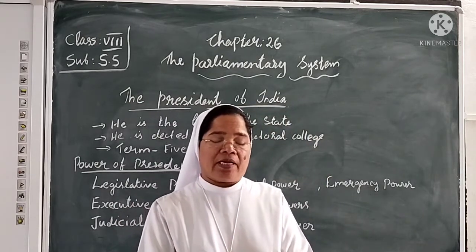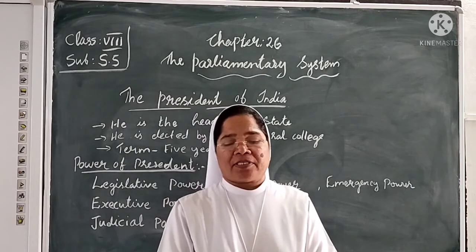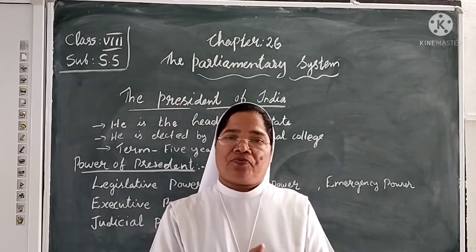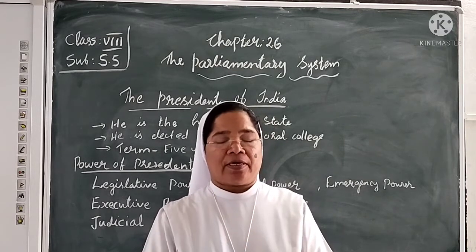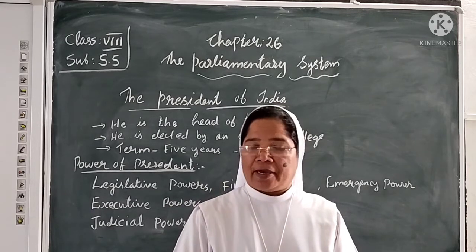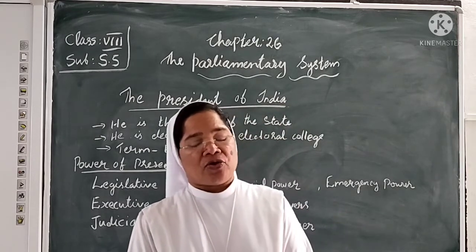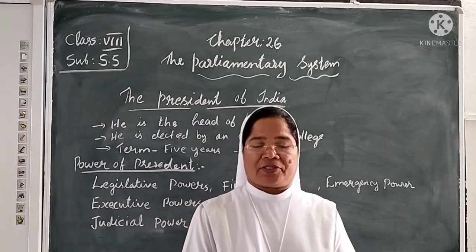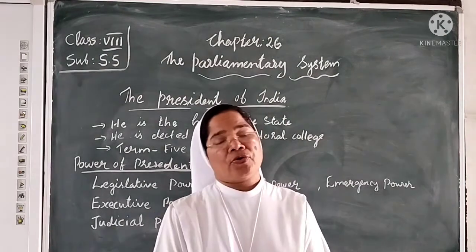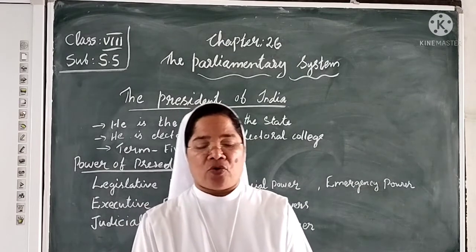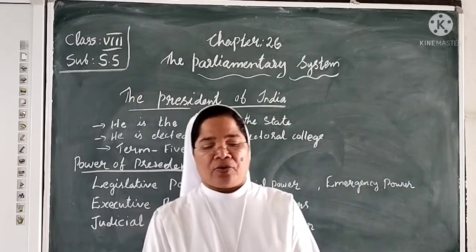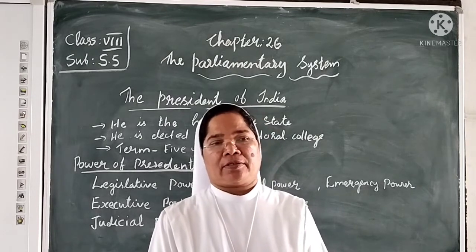Now, his eligibility. The person should have the following eligibility to become President of India. The first one is a citizen of India. The second one is not less than 35 years of age. And the third one, not holding any office of profit under the central, state or local government.